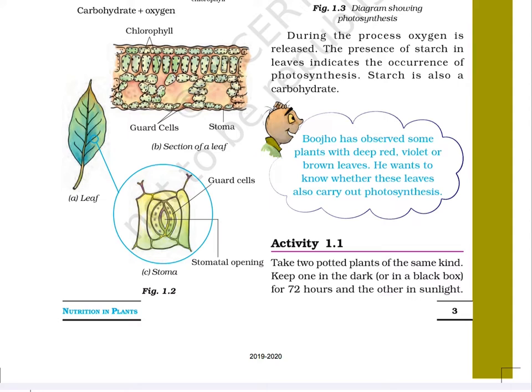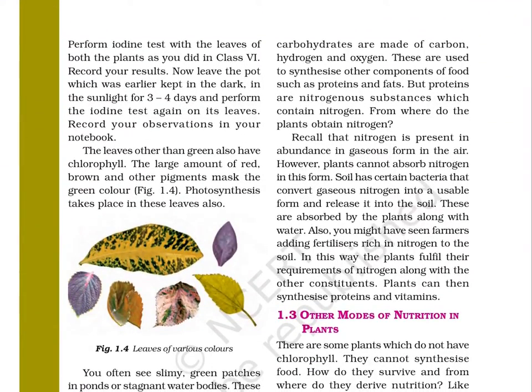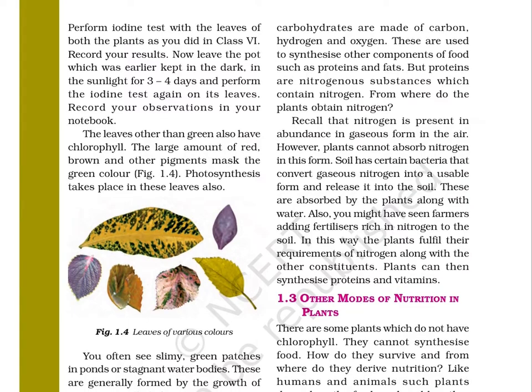Activity 1.1. Take 2 potted plants of the same kind. Keep one in the dark or in a black box for 72 hours and the other in sunlight. Perform the iodine test with the leaves of both the plants as you did in class 6th.